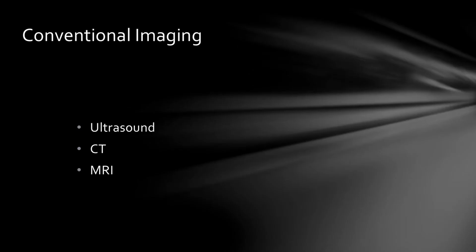So when we talk about conventional imaging, we're really talking about these three modalities: ultrasound, CT, and MRI. Ultrasound is often the first imaging modality, first experience with radiology that patients will discover in their journey.